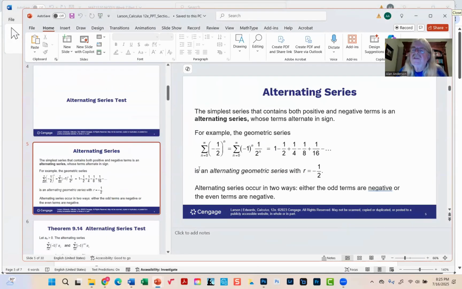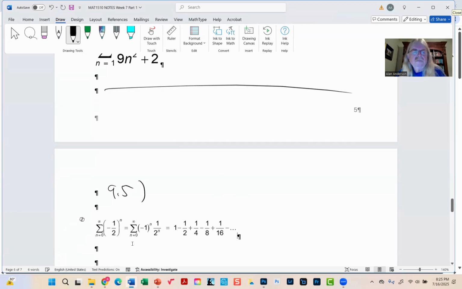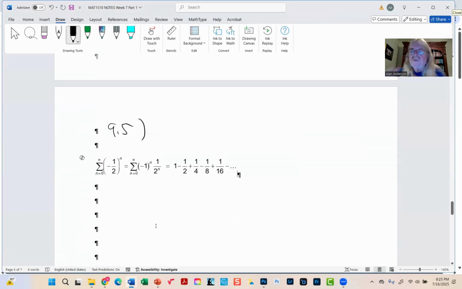So alternating means alternating in sign. So here, for example, instead of having 1 plus 1/2 plus a quarter plus an eighth plus a 16th, et cetera, every other term is negative.